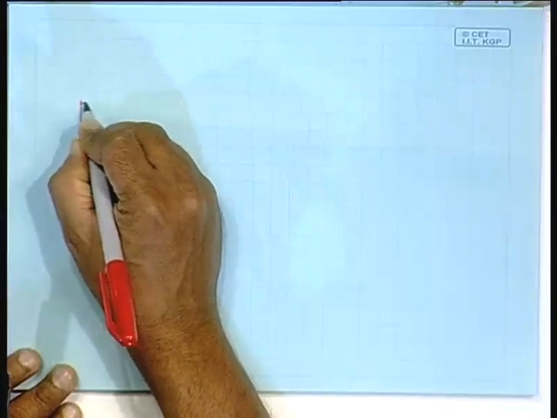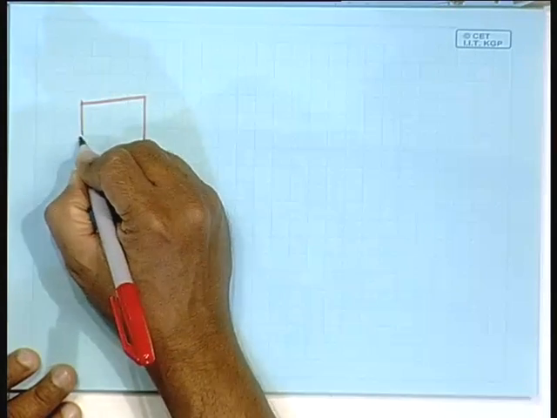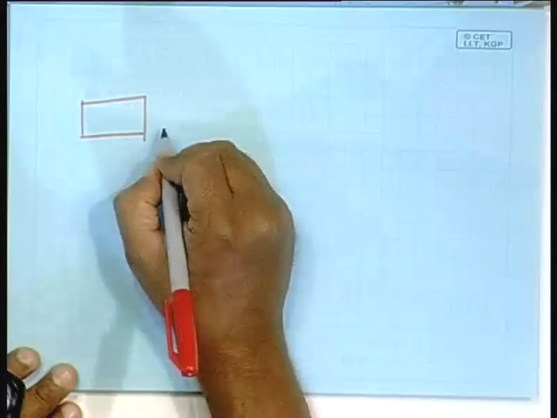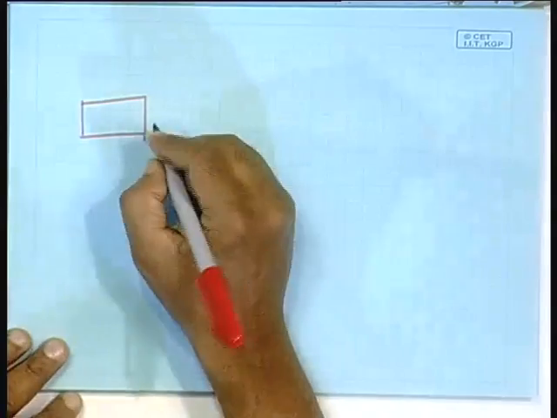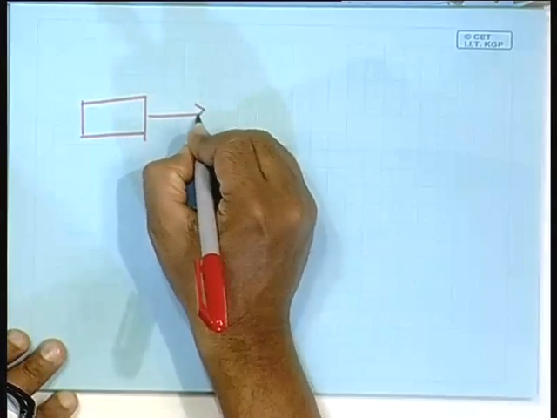So, let us discuss that. The way the whole thing works is as follows. In the radio station where the signal is being transmitted, you have a signal generator which produces what is called a carrier wave.